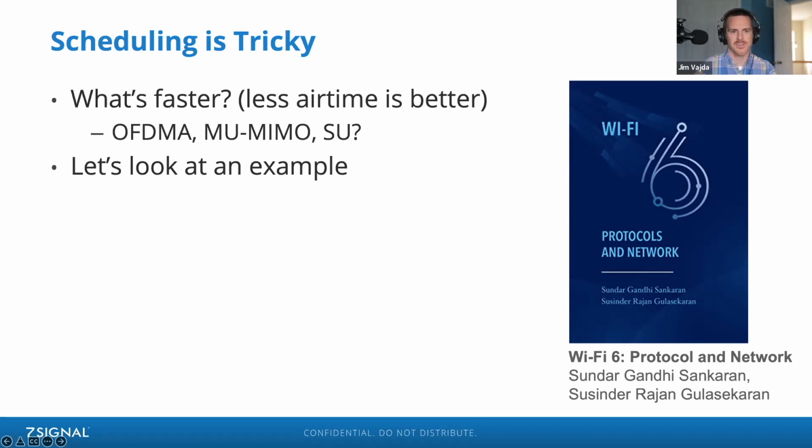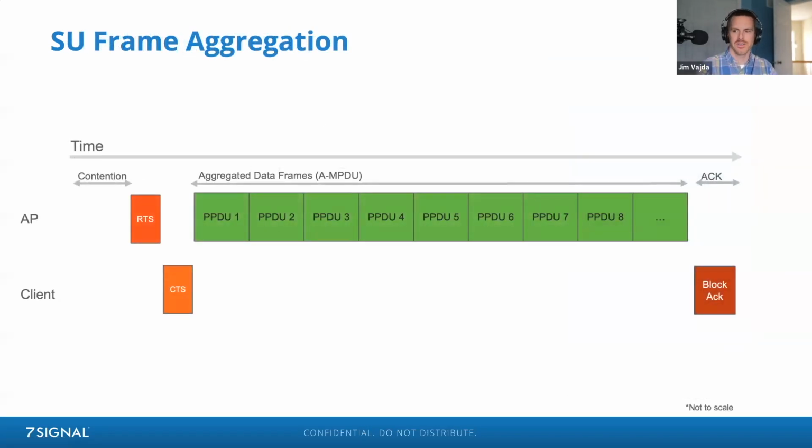Okay, so we all got that wrong, including me, but that's no surprise because it's actually a very hard thing to know. One of the things I mentioned though is in single user mode, we do have some efficiencies built in, like frame aggregation, which we got really serious about in 802.11ac.